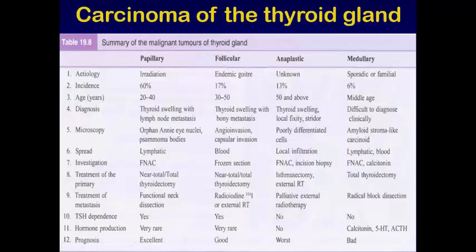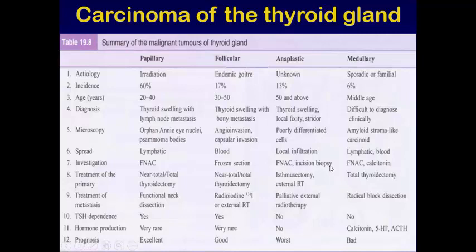Regarding the investigation, fine needle aspiration cytology is highly accurate in papillary tumor, while in follicular tumor we need frozen section or the piece of thyroid that is removed during surgery. In anaplastic carcinoma, fine needle aspiration cytology is also of great benefit, and incisional biopsy.